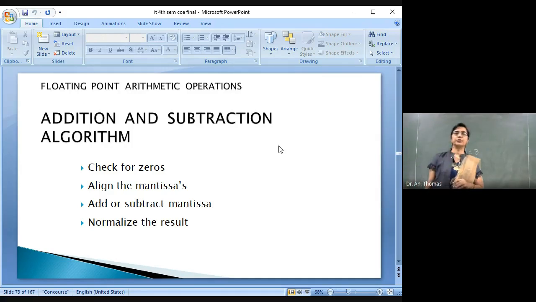So the next step is align the mantissas. Why we align the mantissas?